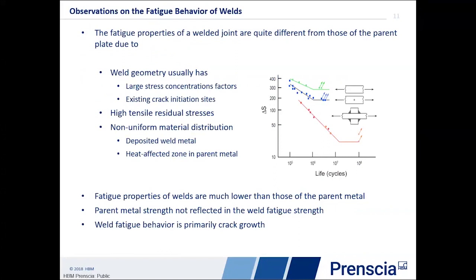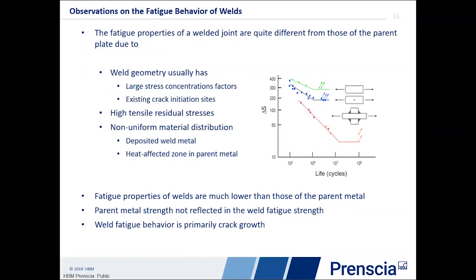Basically, when we look at fatigue predictions, we have a pretty straight process that we use. However, when we start looking at welds, that process tends to break down. One thing we see is the fatigue properties of a welded joint are very, very different than that of the parent metal. The weld joint has huge stress concentrations due to the geometry left in the welding process.